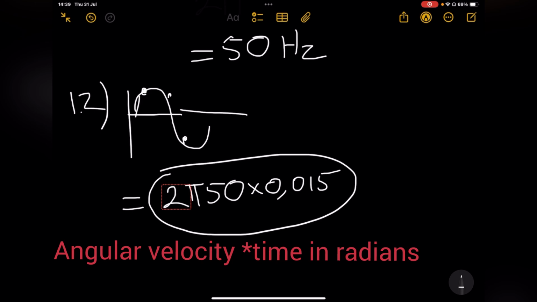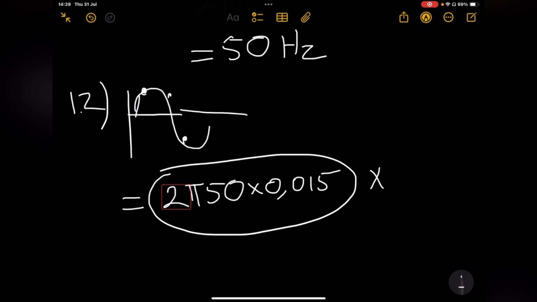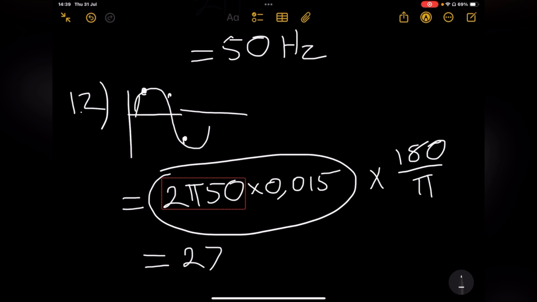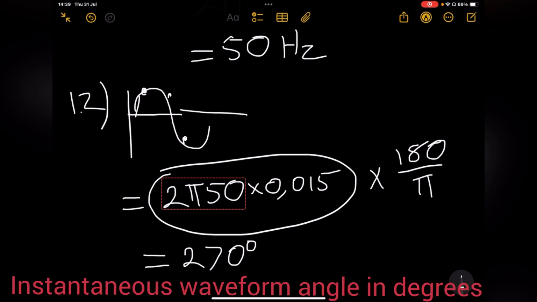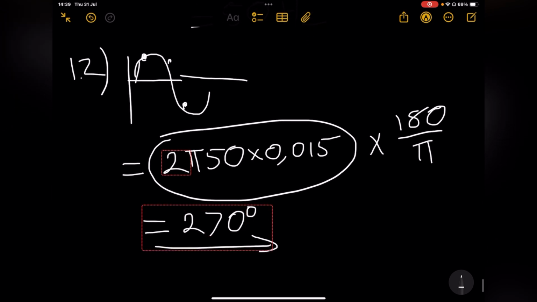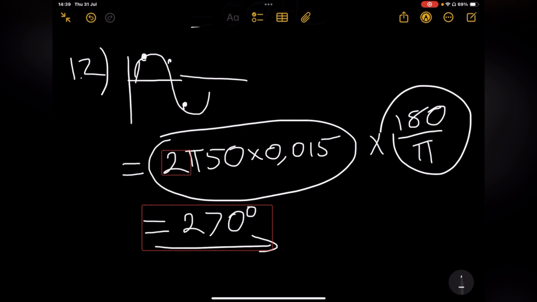The only modification we can make to convert it to degrees is simple. We multiply it by 180 over pi to get 270 degrees. Alright, so now we've taken our calculation from radians to degrees by multiplication with 180 over pi.